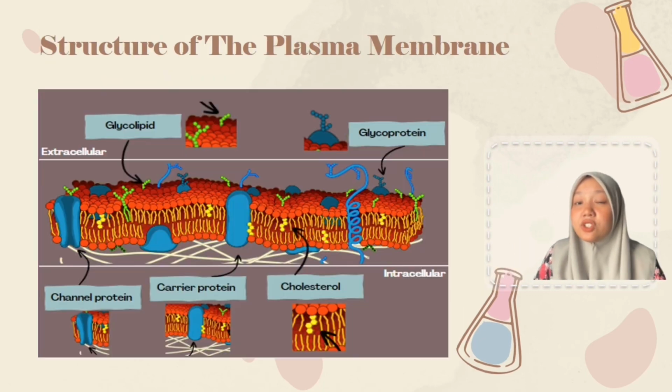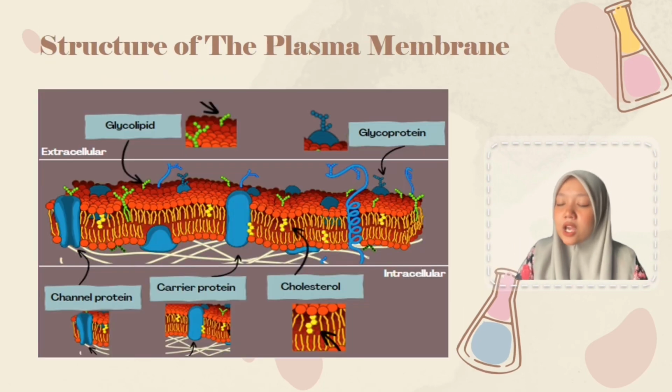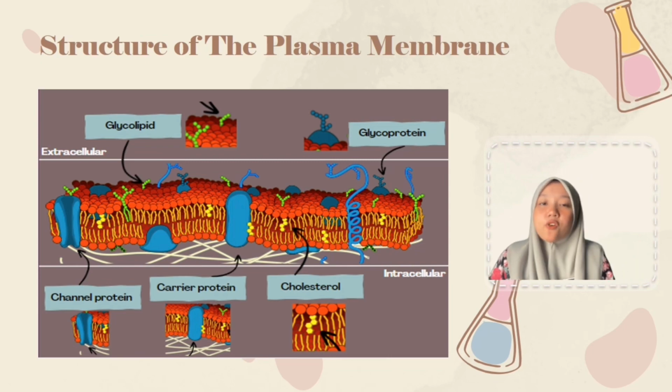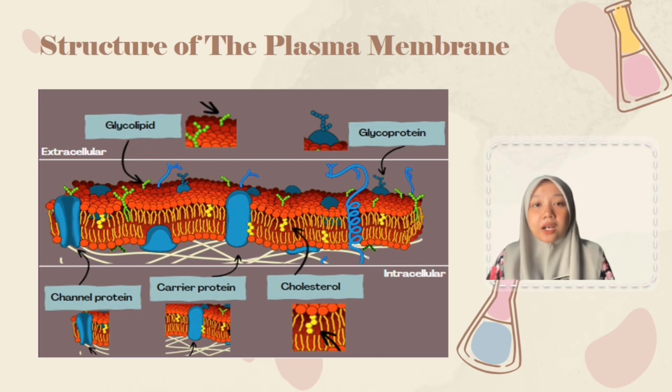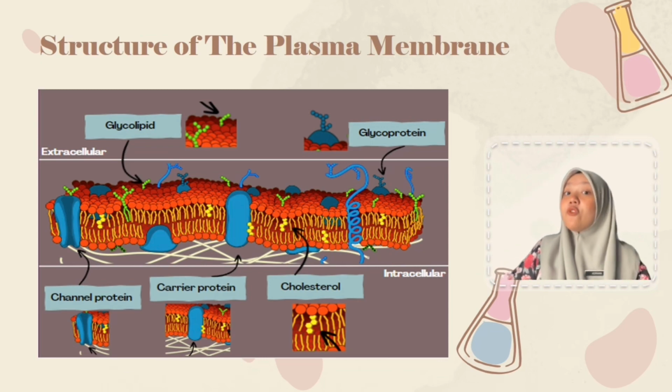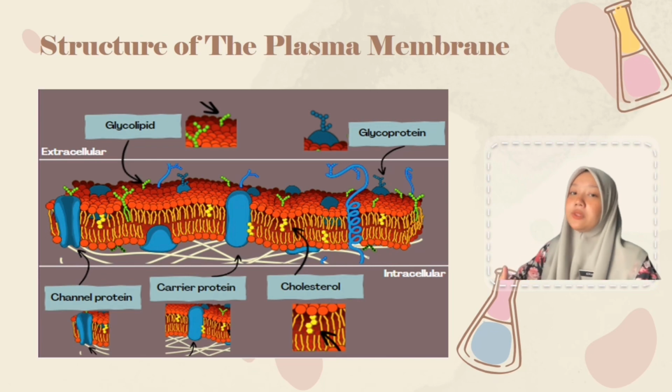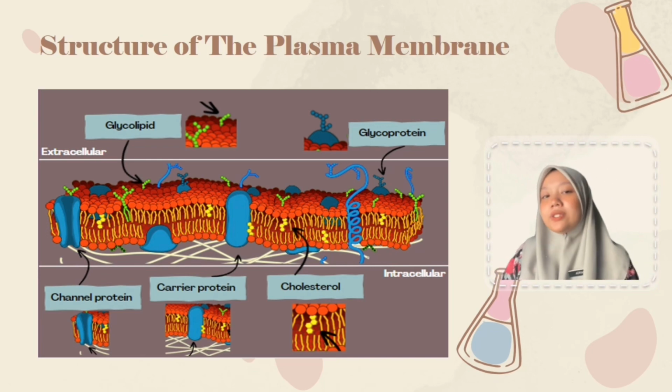Next is the structure of the plasma membrane. Okay, now let's first overview what components are in the plasma membrane. So, there are phospholipid bilayers, glycolipid, glycoproteins, channel proteins, carrier proteins, and cholesterol. Each plays an important role in the process of controlling the movement of material in and out of the cell.